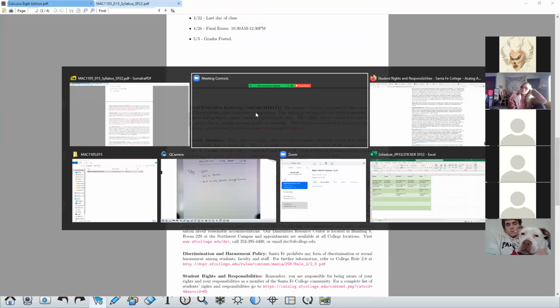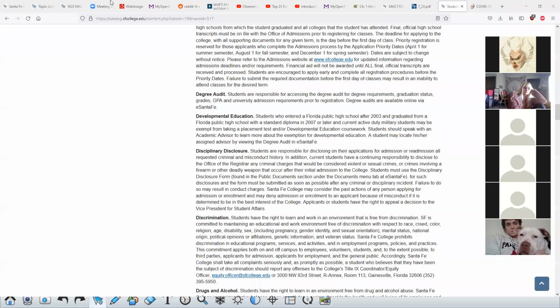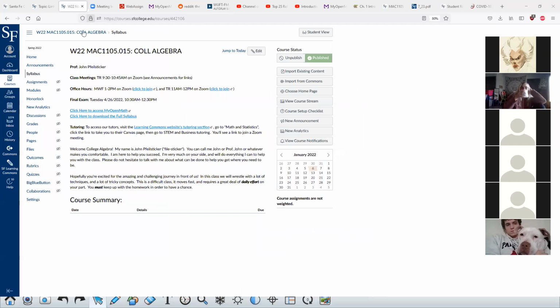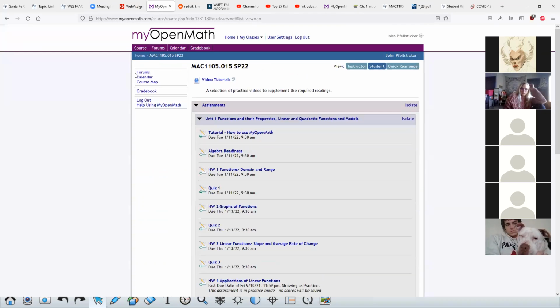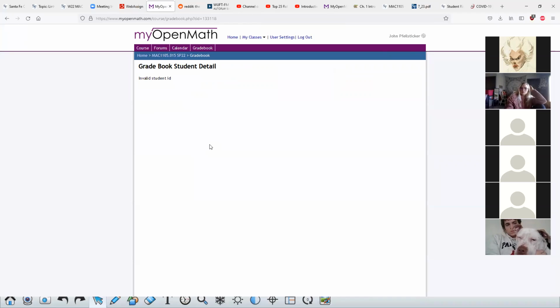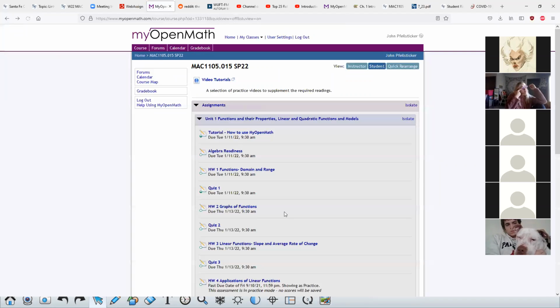Okay, one last thing before we get into the math, the grade book. So there are 2 grade books, and I don't know if you can see. I think you probably cannot see the grade book in Canvas. That's good because the grade book we're going to use for the class is in My Open Math. So if you want to track your grade and see how you're doing in the class, just go to the grade book in My Open Math. Obviously, there's not going to be anything there yet, but in the future, that is where you'll be able to see your grades. All the weights are put in there.